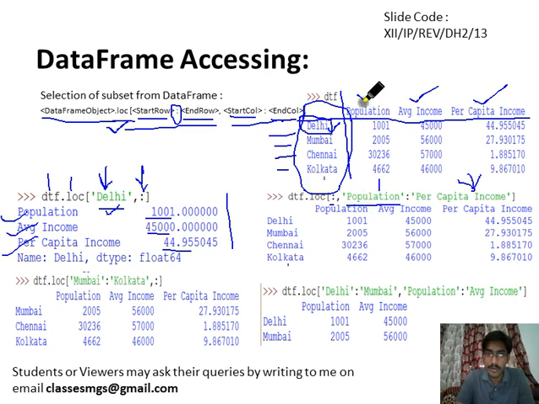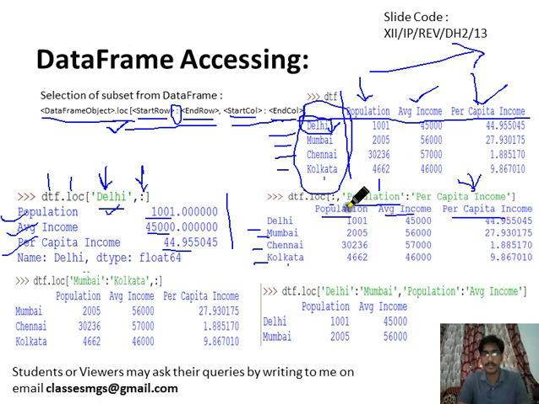The starting column is population and the ending column is per capita income, and the row part is left with just a colon, so it fetches all the rows: Delhi, Mumbai, Chennai, Kolkata. For all rows, population to per capita income gives 3 columns: population, average income, per capita income. So the rows and columns are displayed as per requirement.